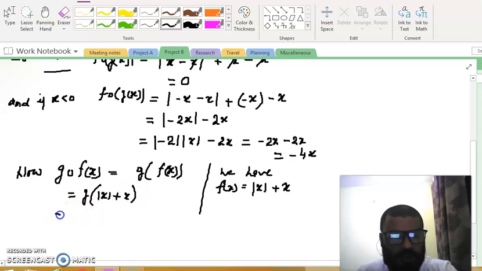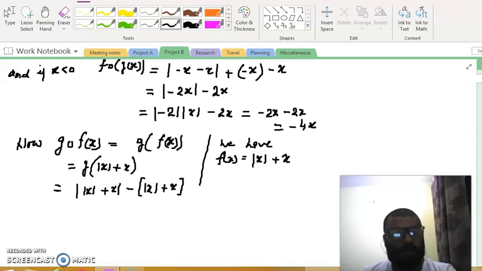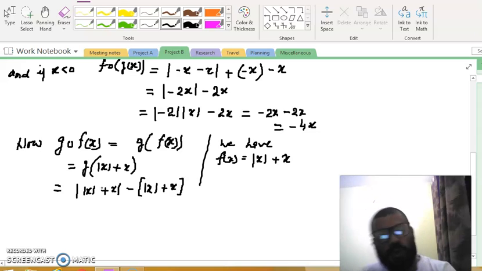So let's simplify. The g(x) is |x| - x. So put this value: |(|x| + x)| - (|x| + x). Again we know there is a mod, so two conditions: when x is greater than or equal to 0 or less than 0.